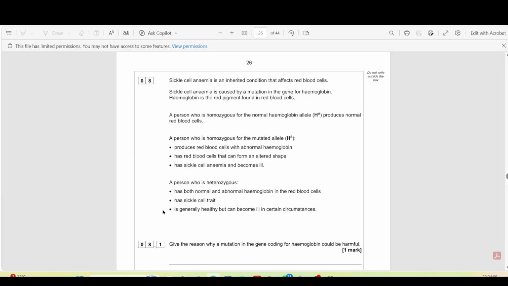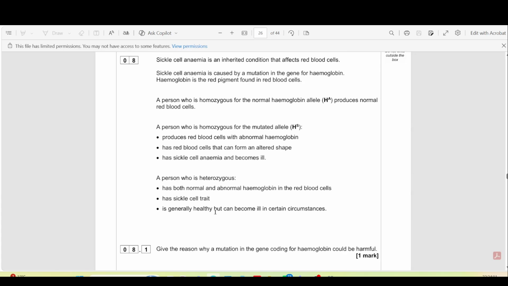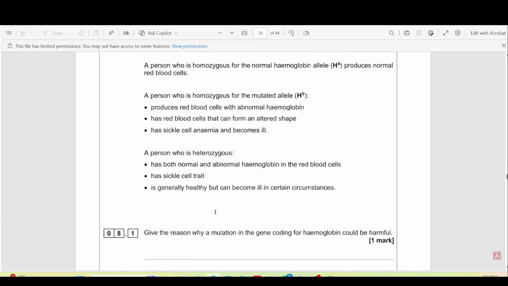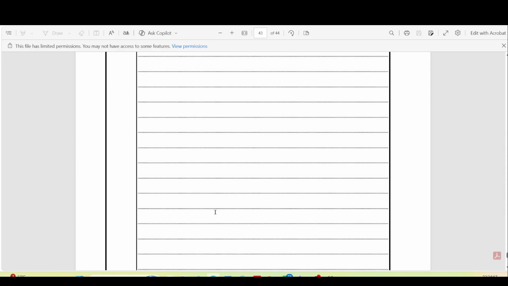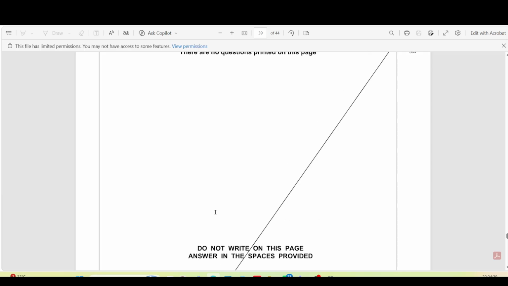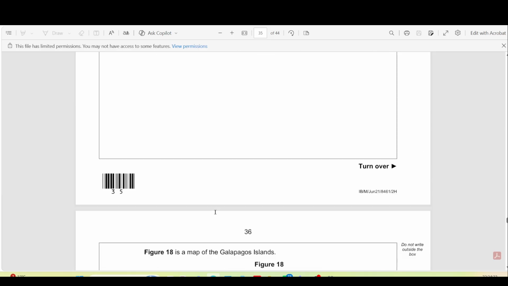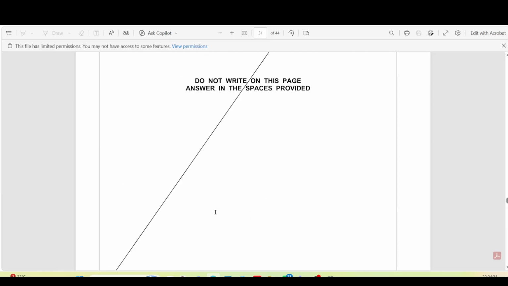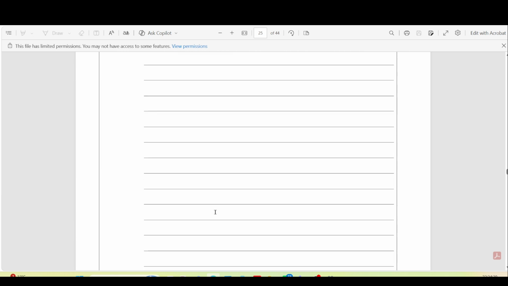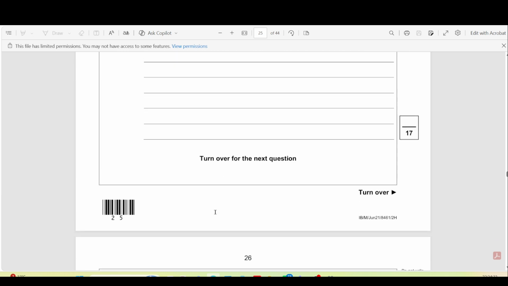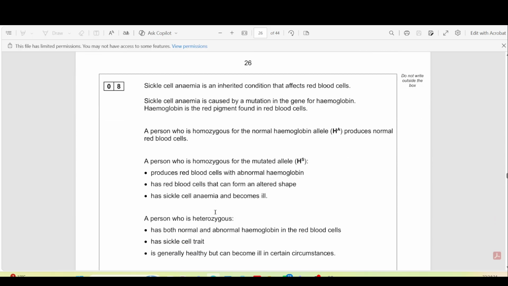Give the reason why a mutation in the gene coding for hemoglobin could be harmful. A mutation in the gene for hemoglobin could lead to harm because red blood cells are affected.